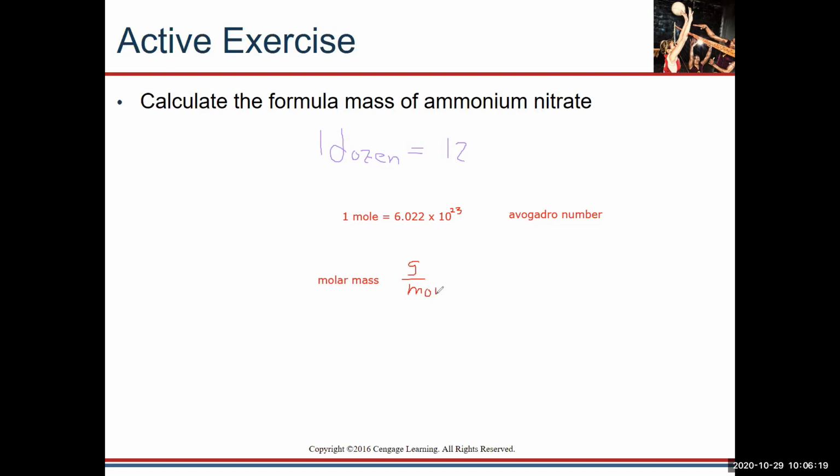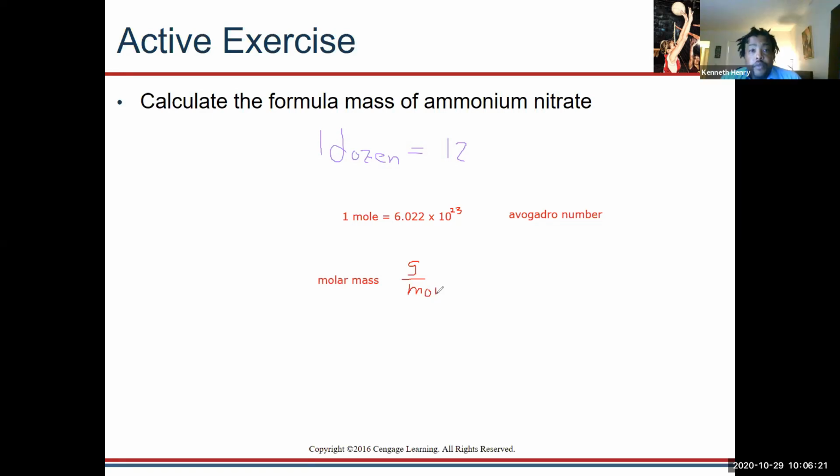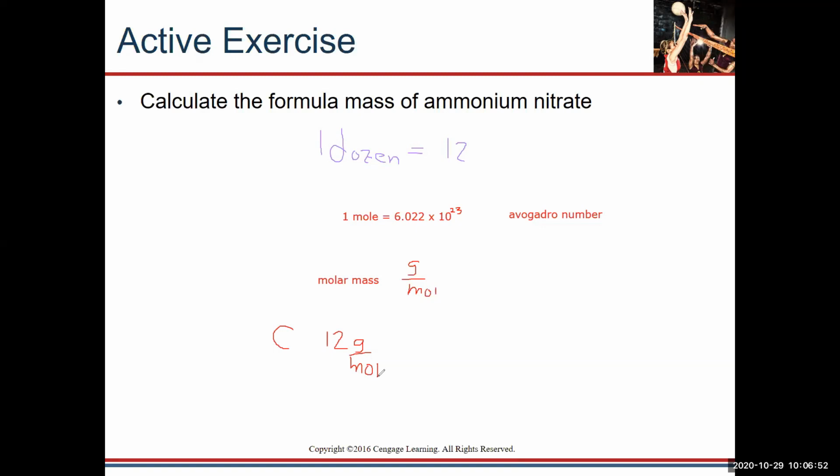No. Now, with a mole, for instance, carbon weighs 12 on our periodic table, so it also weighs 12 grams per mole. That means if I have a mole of carbon, it's going to weigh 12 grams. Are you with me? That's our conversion.